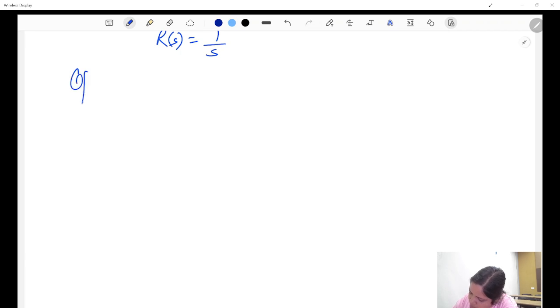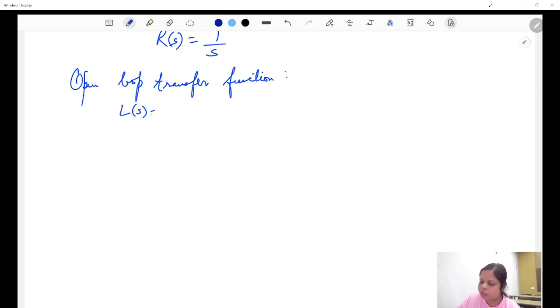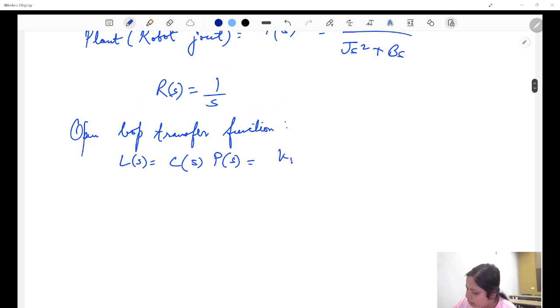Let's call it L(s). Your L(s) is actually C(s) into P(s), where C(s) is Kp plus Kd s into P(s), which is 1 upon Js squared plus Bs.